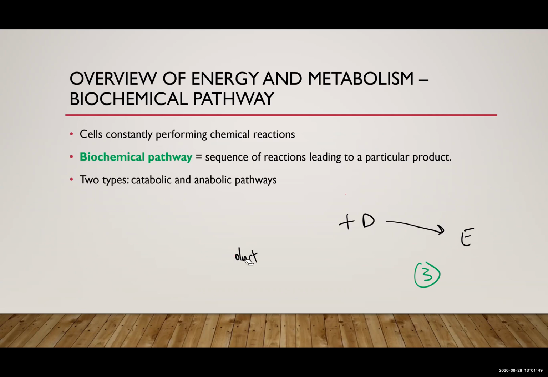So there are two kinds of biochemical pathways. Biochemical pathways are those reactions that take place inside a living organism. The first one is called catabolic pathway, and the second one is called anabolic pathway. In catabolic pathway, bigger molecules break into smaller molecules, and in anabolic pathway, smaller molecules join to make a big molecule.